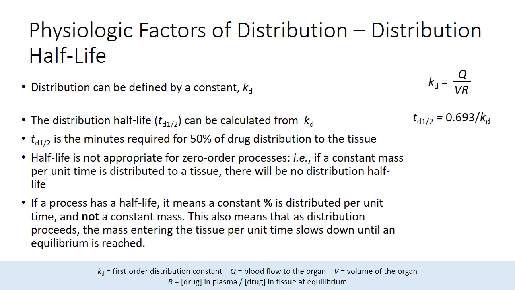Rather than saying 10 milligrams is distributed every hour, it has to be a percent, 10%, 5%, or something like that, and then it would have a half-life. Okay, we're going to get into that a lot more as we proceed through the whole course, the difference between a zero-order and a first-order process.